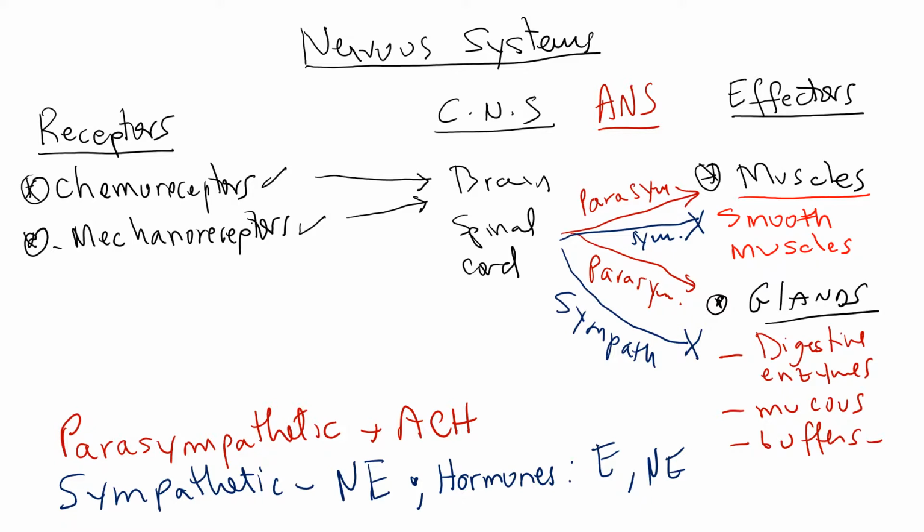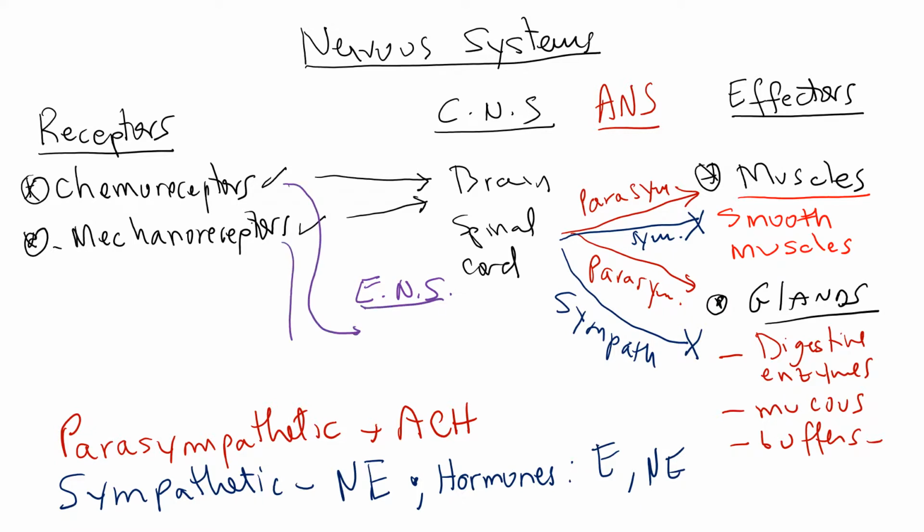One last point. The GI tract has its own plexus of nerves, which combined are called the enteric nervous system, or ENS.